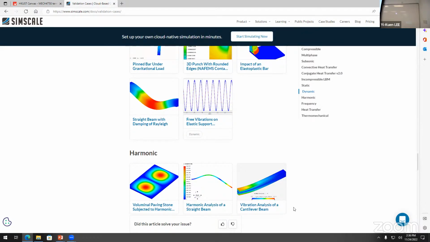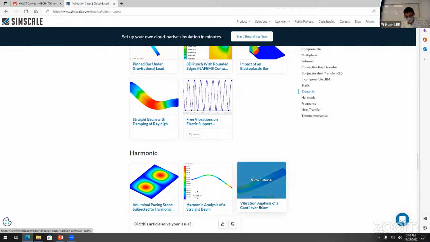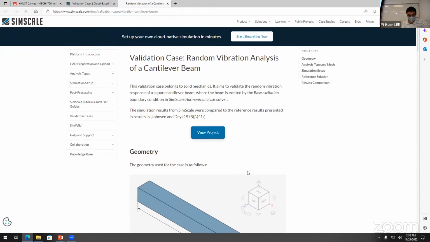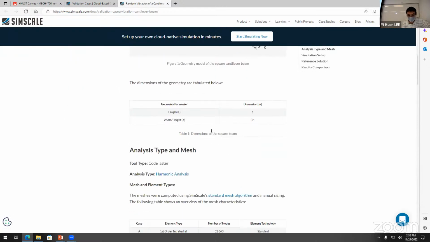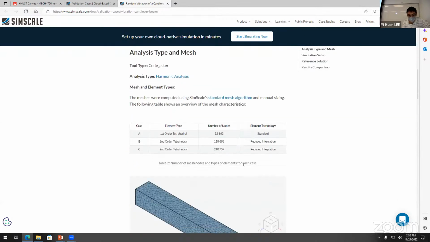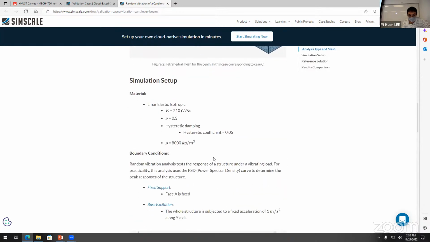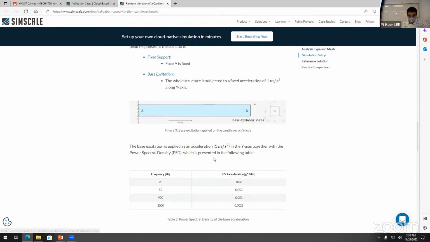You know the input, all the geometry and everything is given, and then you have a solution, and then you can validate. All of this exists, and they give you all the input parameters for the particular mechanical structure in terms of dimensions, and then give you the solution and simulation.